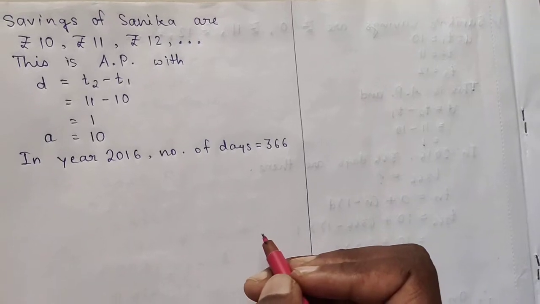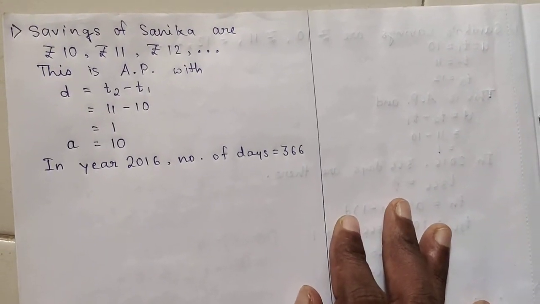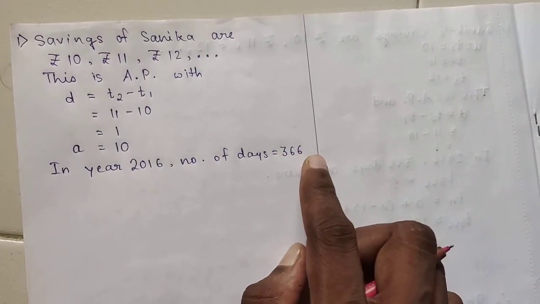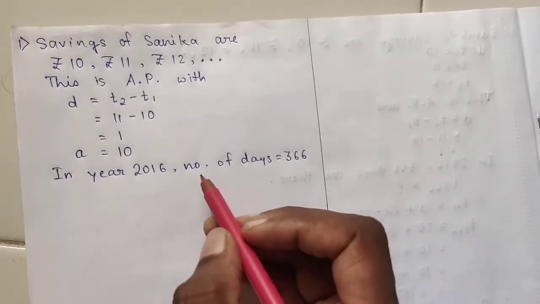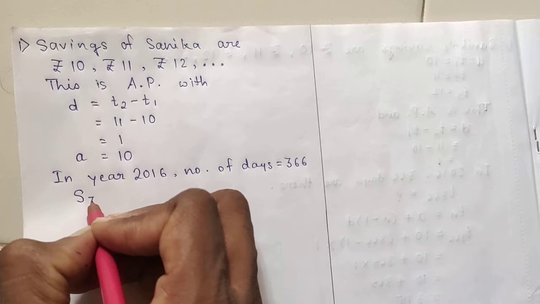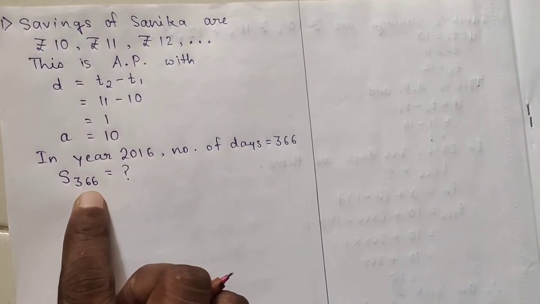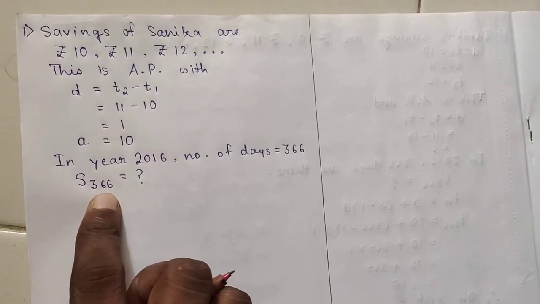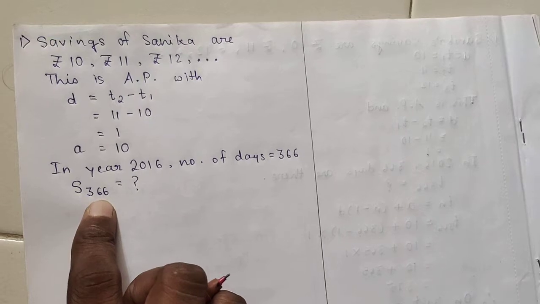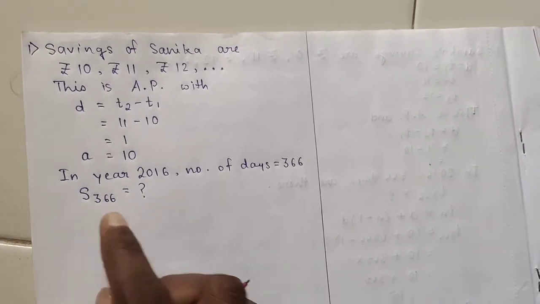Because this is a leap year, and you know in a leap year Feb has 29 days, and that is why our year becomes 366 days. So what we need to find out is the sum of all these 366 terms. Then only we will know how much amount she is saving in this year, means how much amount she has on 31st December.